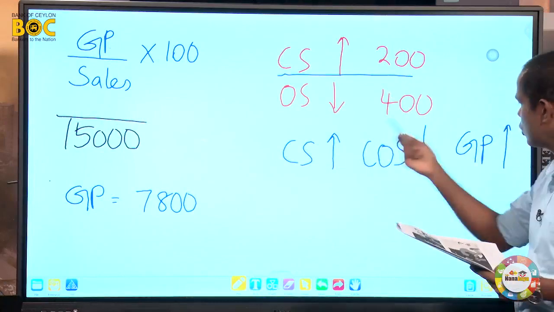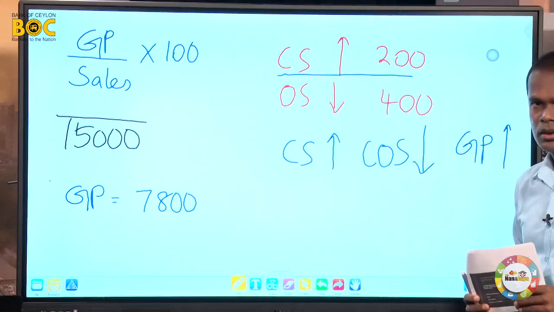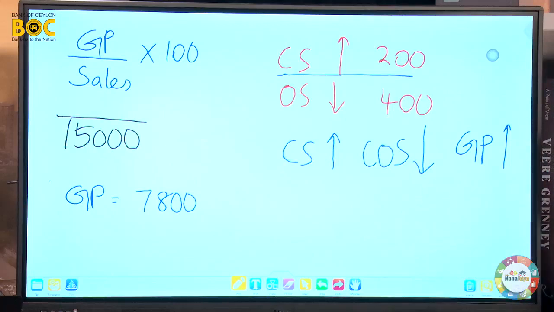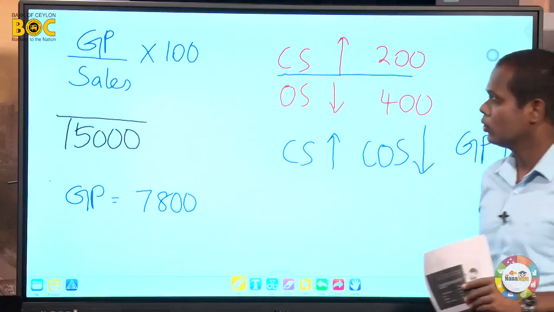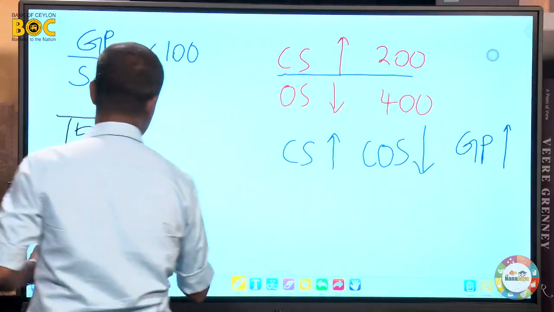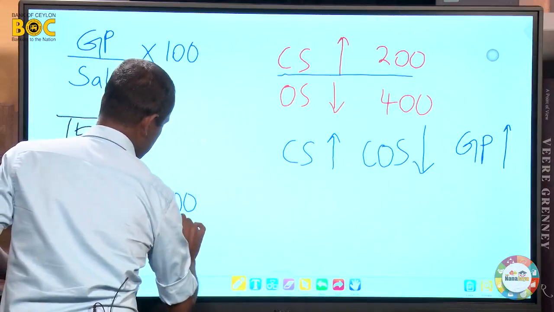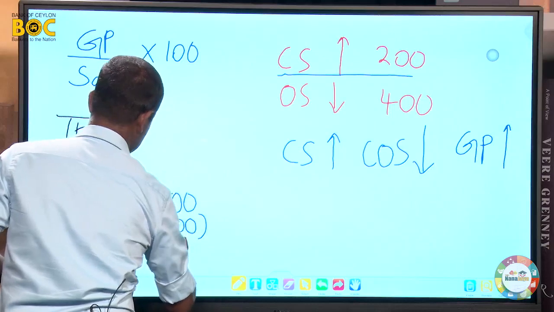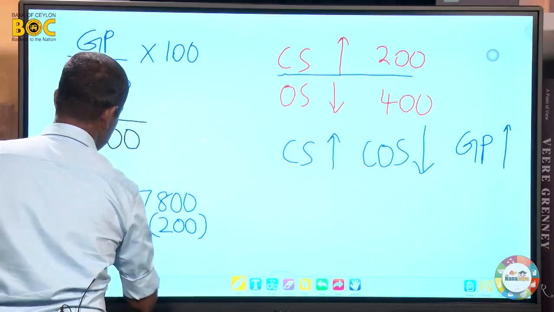The closing stock overstated means the profit is also overstated. Then you have to minus that 200. Closing inventory.